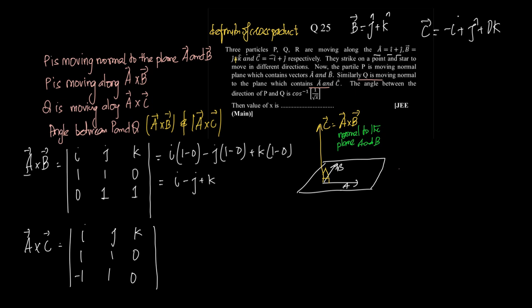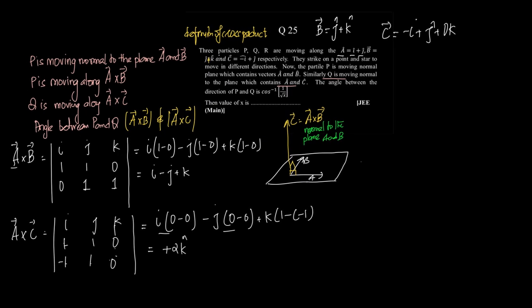And if you expand this, what do you get? I into 0 minus 0, minus j into 0 minus 0, plus k into minus 1 minus minus 1, and what you get is 0 0 plus 2k. What you get is plus 2k.